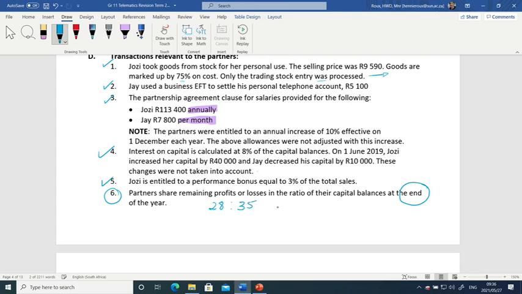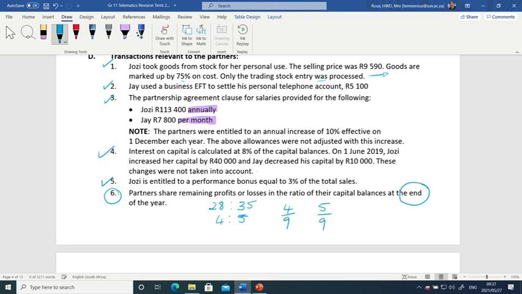You can throw away the zeros, so 28 to 35. But if you know your tables, you can see that 7 goes into that one 4 times, and 7 goes into that one 5 times. So that's my ratio, 4 to 5. Josie will receive 4 out of the 9 parts, and J will receive 5 out of the 9 parts.